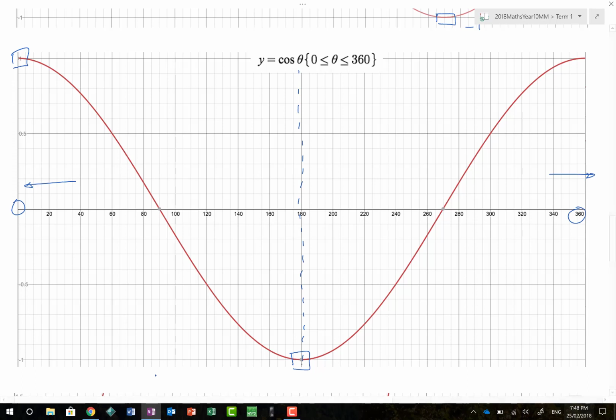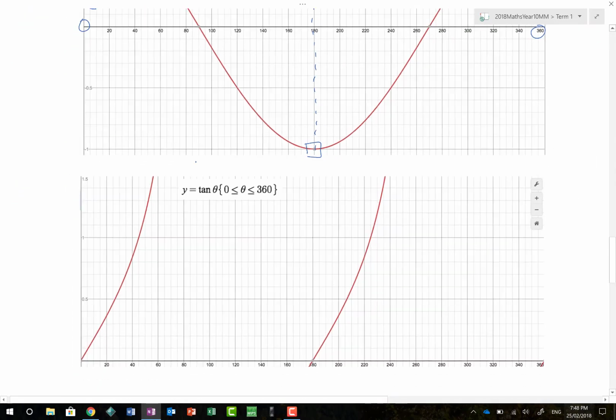But what you may not notice, or what you may realize if you were actually to say change this between, I don't know, minus 360 and 360, for example, is that this has exactly the same shape as the sine curve. In fact, they are exactly the same shape. The cosine curve is the sine curve that has been shifted 90 degrees that way. Whoa, why? Well, we come back to that later.